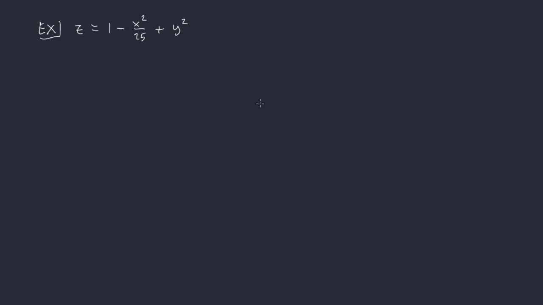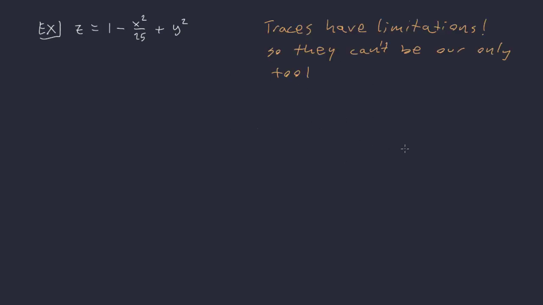All right, so let's look at one more example. And what I hope this example shows is that traces can't be our only tool, right? Traces have quite a few limitations. They're very good at detailing what a graph is doing if it likes to congregate around the origin, but if it has any sort of weird behavior, sometimes it can be difficult to really wrap our head around what shape it's portraying just from the traces.